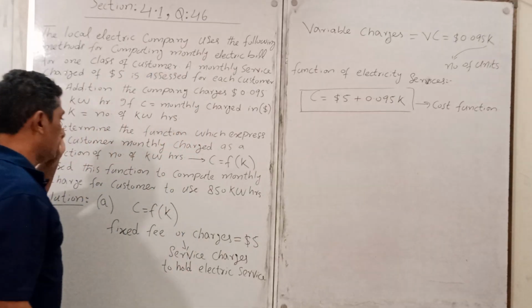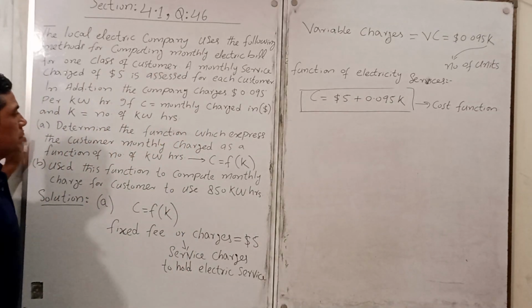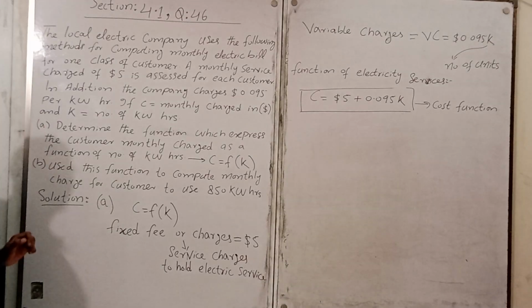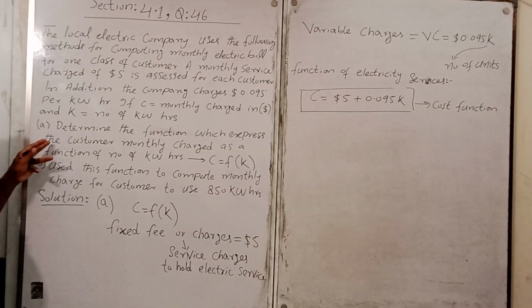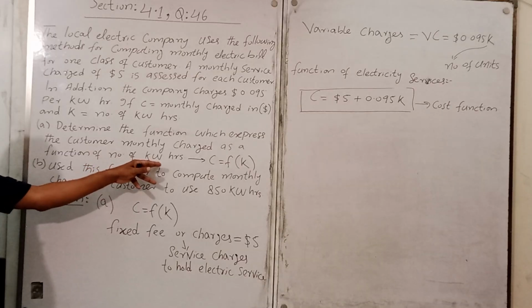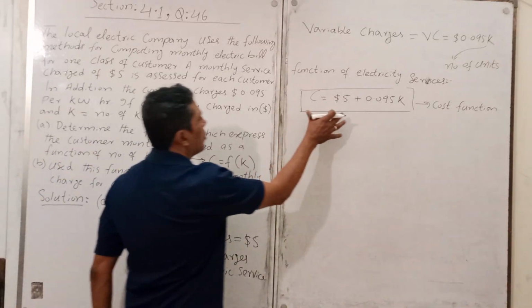So in the first part, the customer's monthly charge as a function of the number of kilowatt hours is now completed.